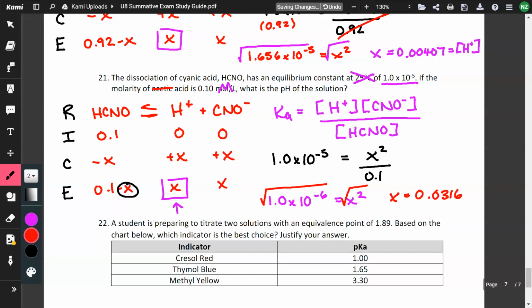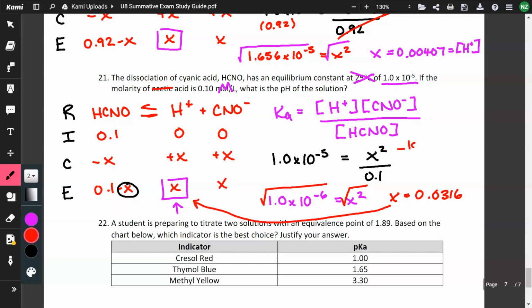And if I plug that into my negative log, I'm actually going to use a different calculator. All right, negative log 0.0316. So this is equal to our x.